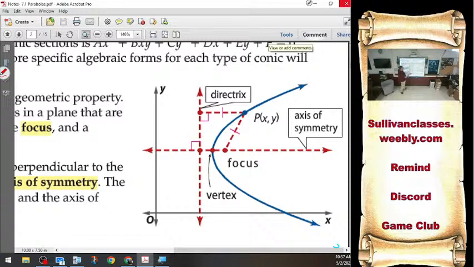So, this is a locus of all points. It's a grouping of all the points such that this distance, specifically from a focus to my point, is the same as that point back to my directrix. That is the same, no matter where. What if I had a point here?